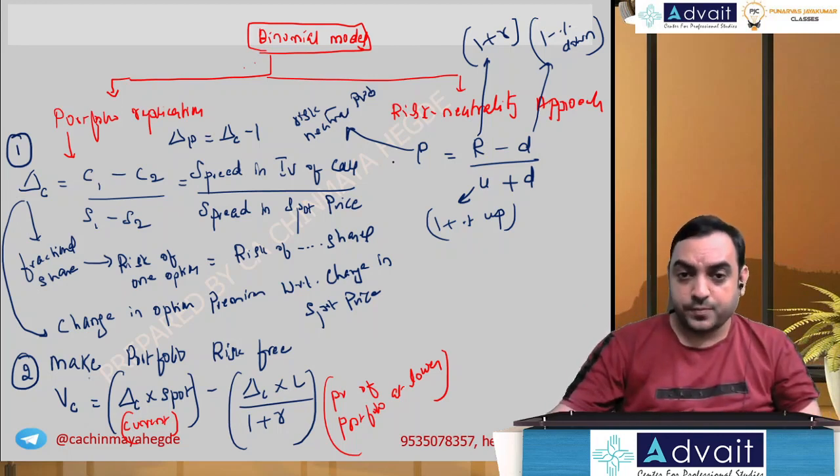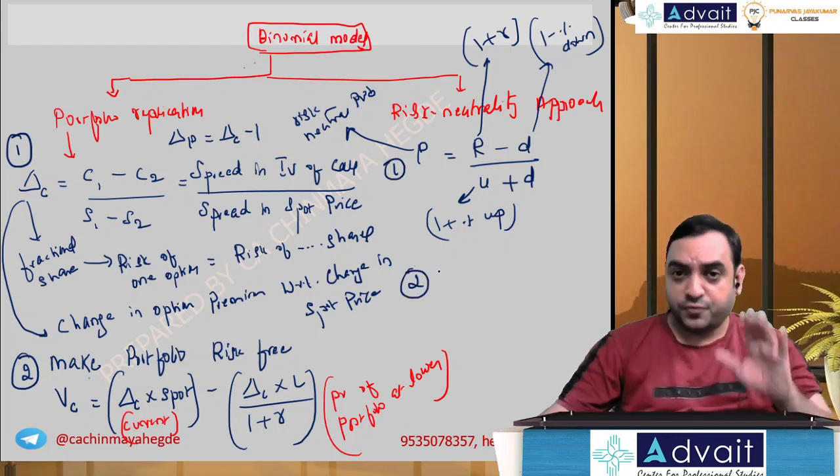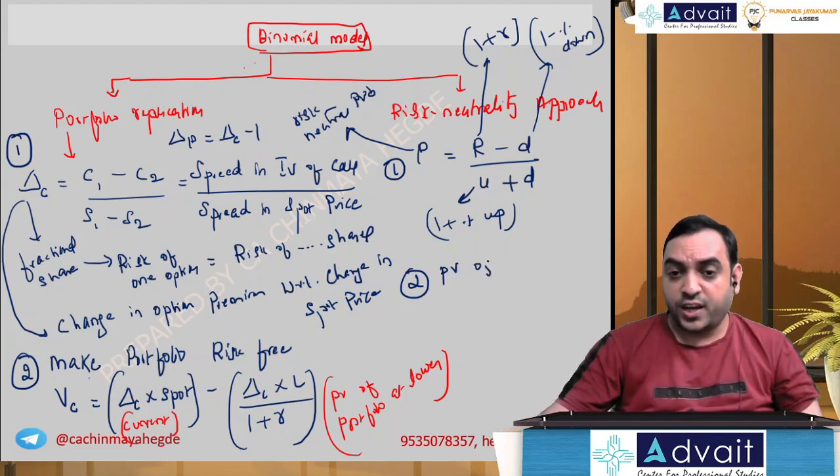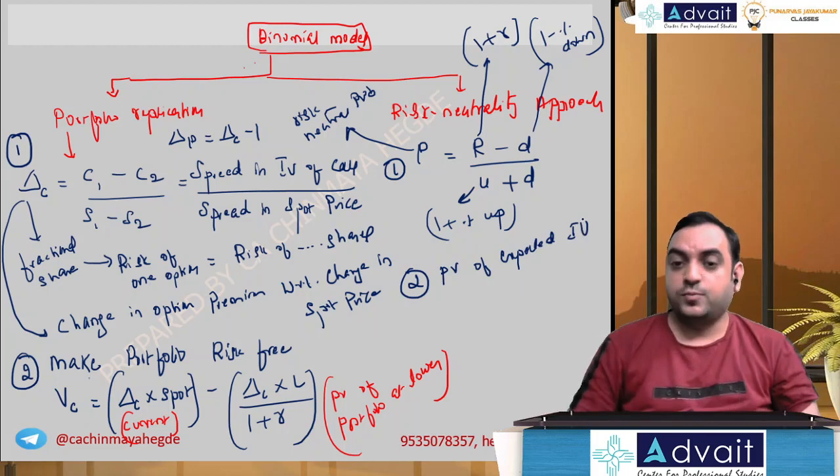This is the first step. In the second step, you calculate the present value of the expected intrinsic value.